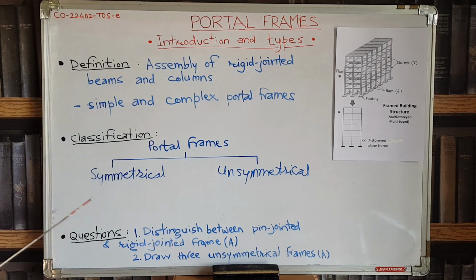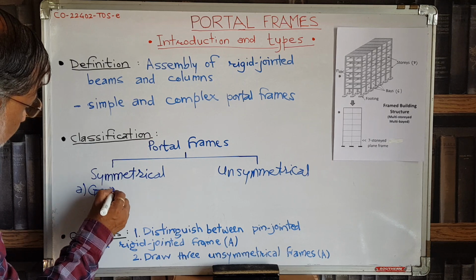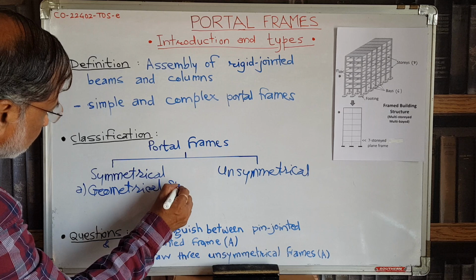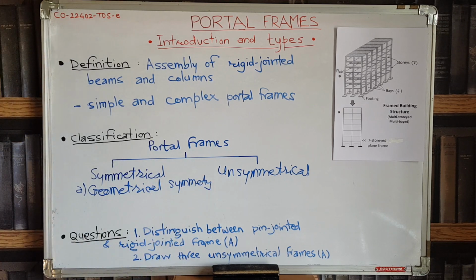Let us understand the meaning of the word symmetrical portal frame. In order to call a portal frame a symmetrical frame, it has to satisfy symmetry in 3 points. So first is geometrical symmetry. It has to be geometrically symmetric.